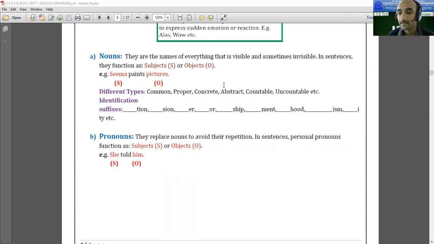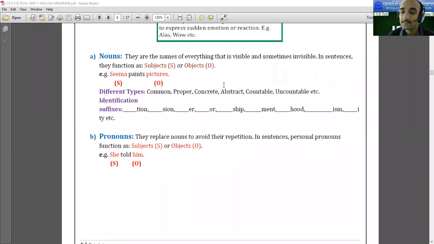Tell me about ism. Mechanism, prism. Then Hinduism, Islamism, Buddhism.